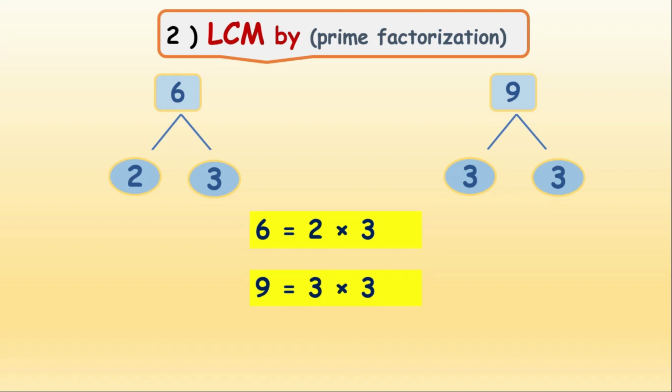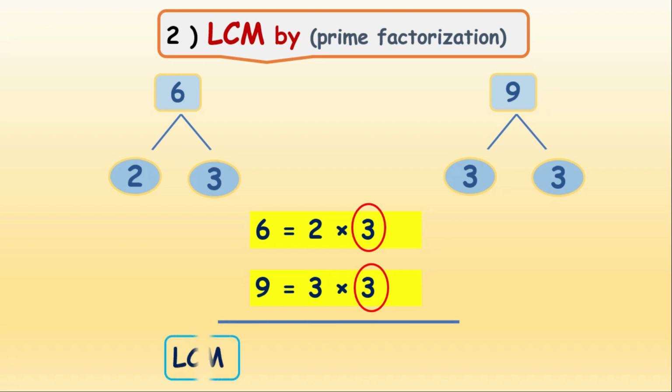Which are the common factors for the two numbers? 3 is the first common factor, up and down. So to find LCM, write 3 once. And now do you find any common factors else؟ هل لسه في common factors up and down ال 6 و 9؟ No. So multiply the rest of the numbers.